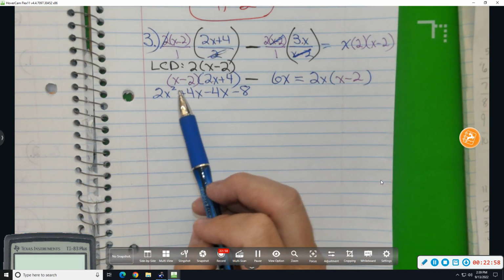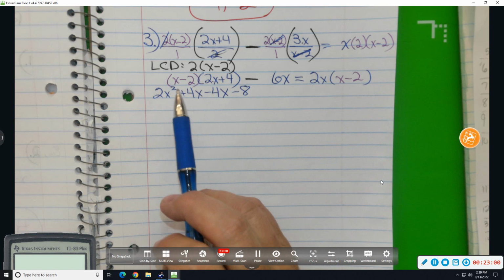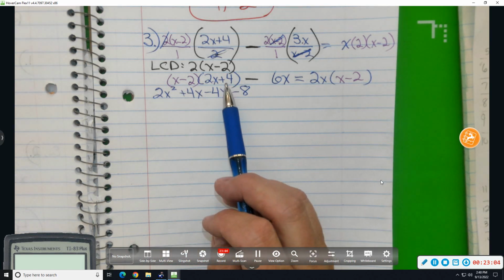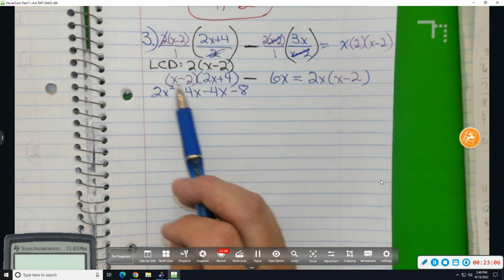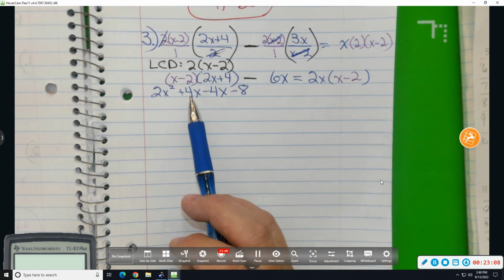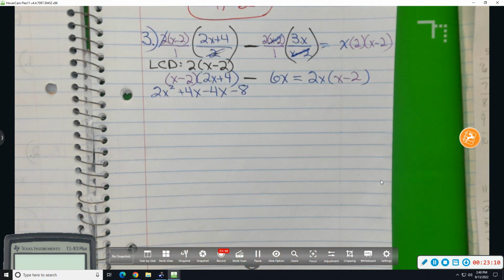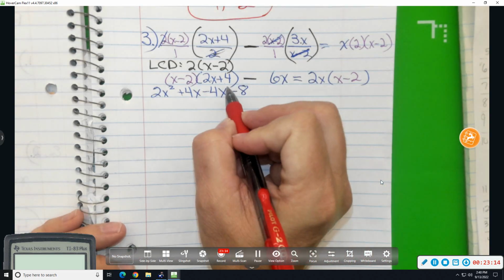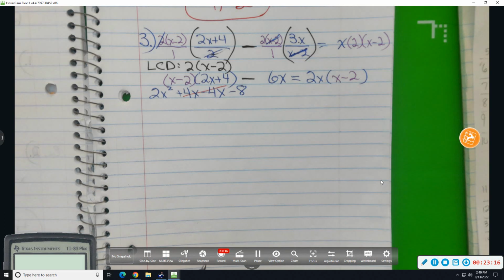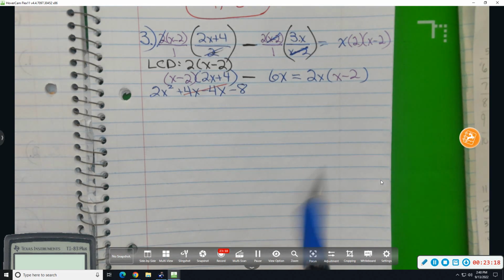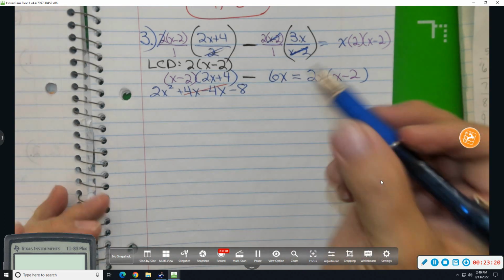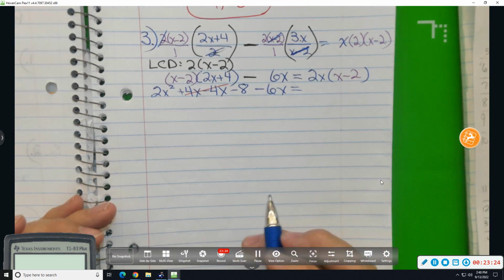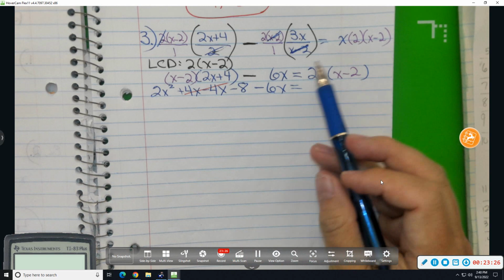I'd mark out those 4x minus 4x right now. We have x minus 2 times the 2x plus 4. We FOILed that out. Notice the outer and inner terms. That's very nice. To me, this is such a messy problem. Those x terms subtracted out. We still have this minus 6x equals, what are we going to do here?